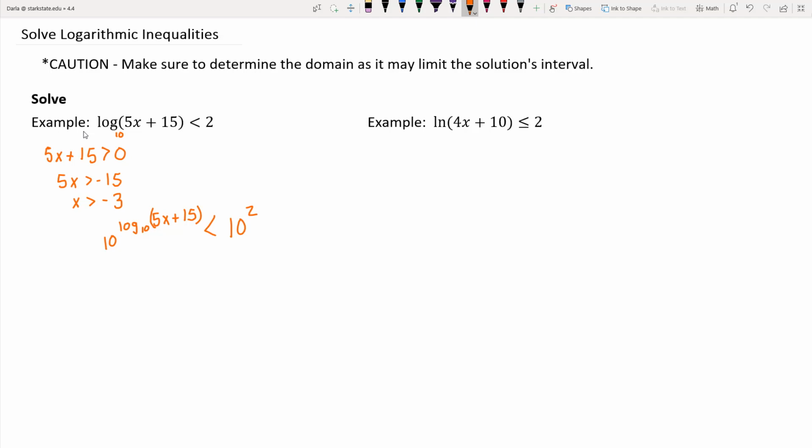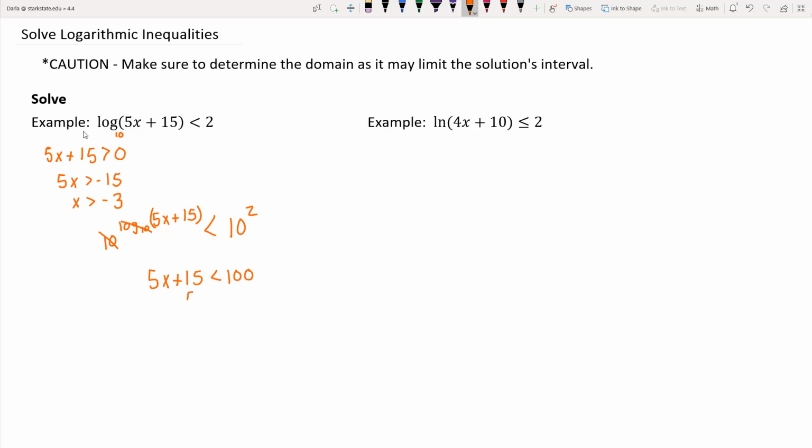So if log base 10 of 5x plus 15 is less than 2, then clearly 10 raised to log base 10 of 5x plus 15 is less than 10 raised to the second. It doesn't change your inequality symbol's direction. You are composing inverses at the end of the day, so you're left with 5x plus 15 by your logarithm property is less than 10 to the second, which is 100.